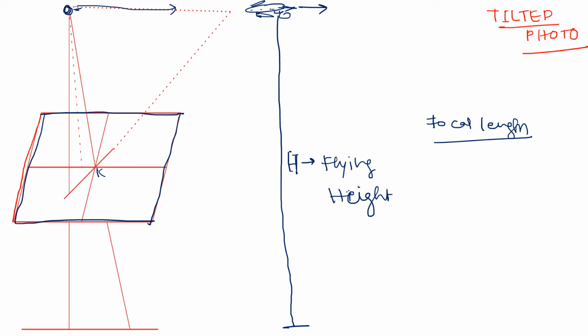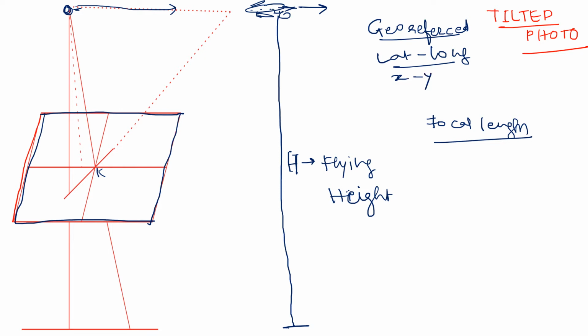For a photograph, as I said, these are geo-referenced images. Every photograph is geo-referenced, meaning they have latitude as well as longitude. This latitude and longitude are denoted here as x and y.